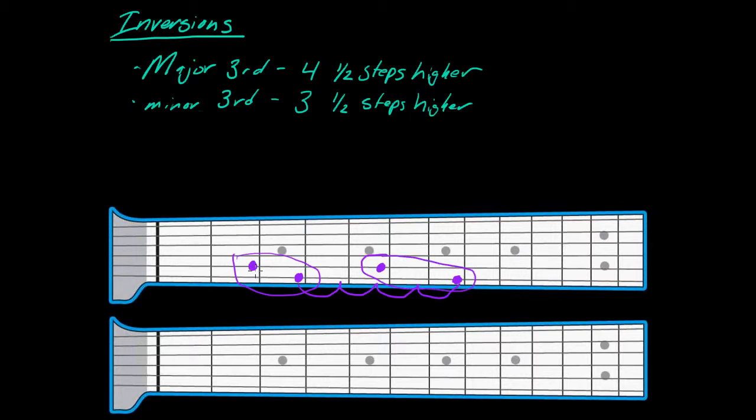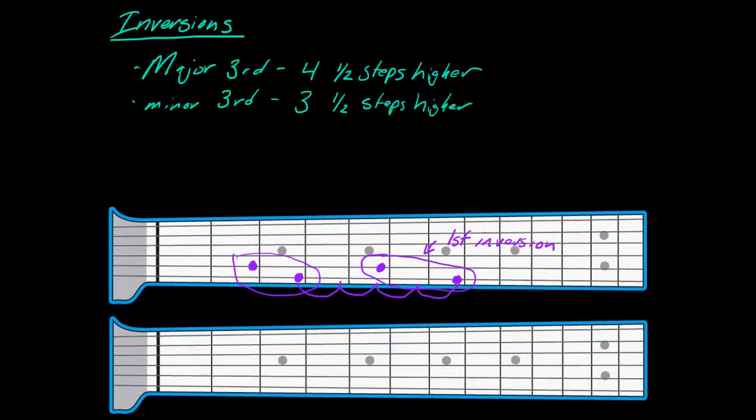Now both of these patterns, 2-note patterns, are part of the G major chord, except this one here we call first inversion. Now inversions are chords, they're the same chord, but they're just voiced differently. So if this is a G major, this also is a G major, but it's in the first inversion form.